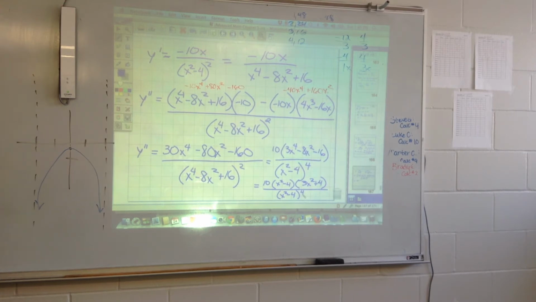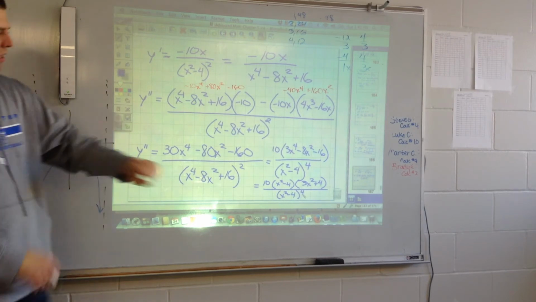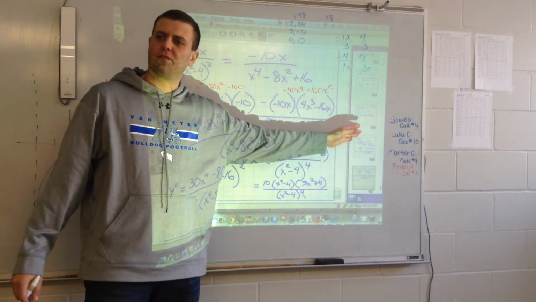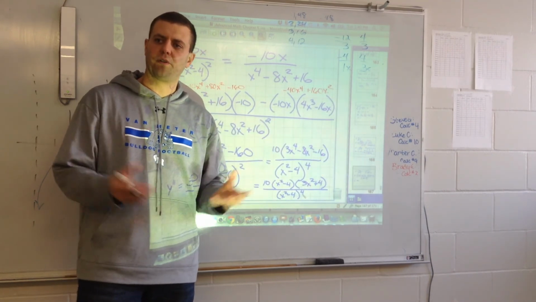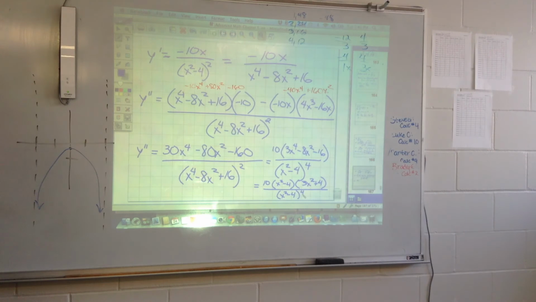So there are no values where the second derivative is equal to 0. If you set that equal to 0, you'd subtract 4, divide by 3, you'd be at negative 4/3, then you try to square root negative 4/3, and you'd get an imaginary number.